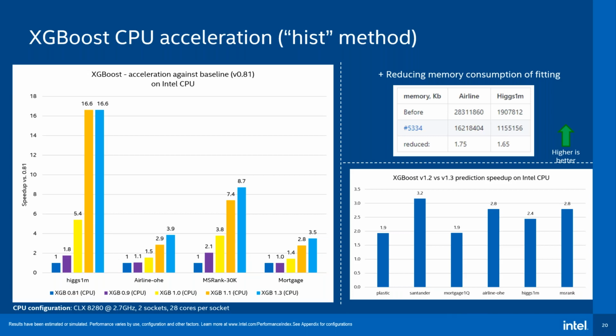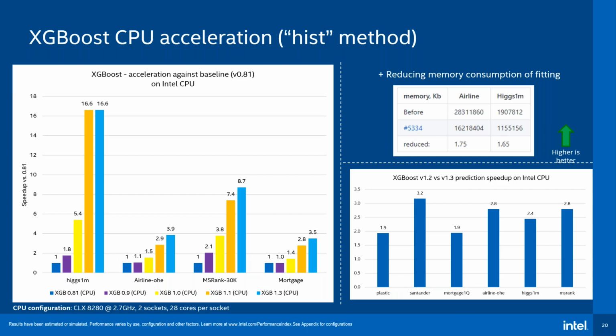Over a matter of a few quarters, we got to XGBoost 1.3, we upstreamed the changes, and you can see that the speedup substantially improved. And just to show you on the right, XGBoost 1.2 versus version 1.3, the prediction speedup went up on Intel CPU. You can see on different data sets.